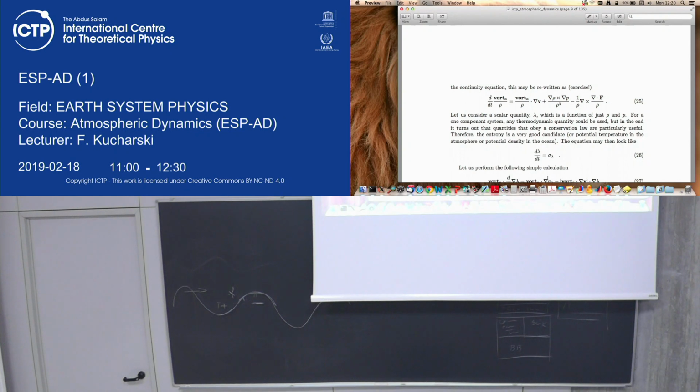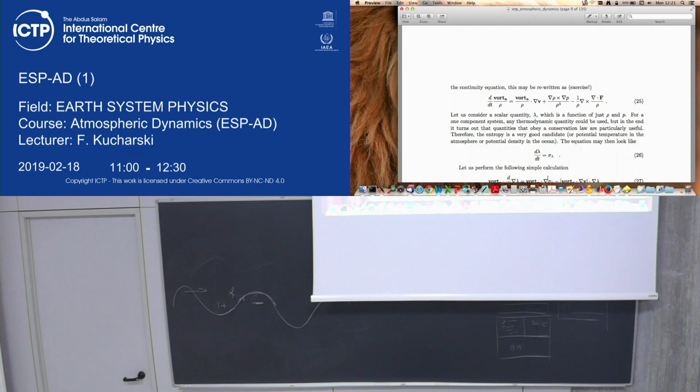We call it lambda. It could be temperature or whatever right now, but it doesn't matter. We can keep it open. So then the general evolution equation for this could be d lambda by dt, the total derivative of lambda, equal to some sigma lambda.